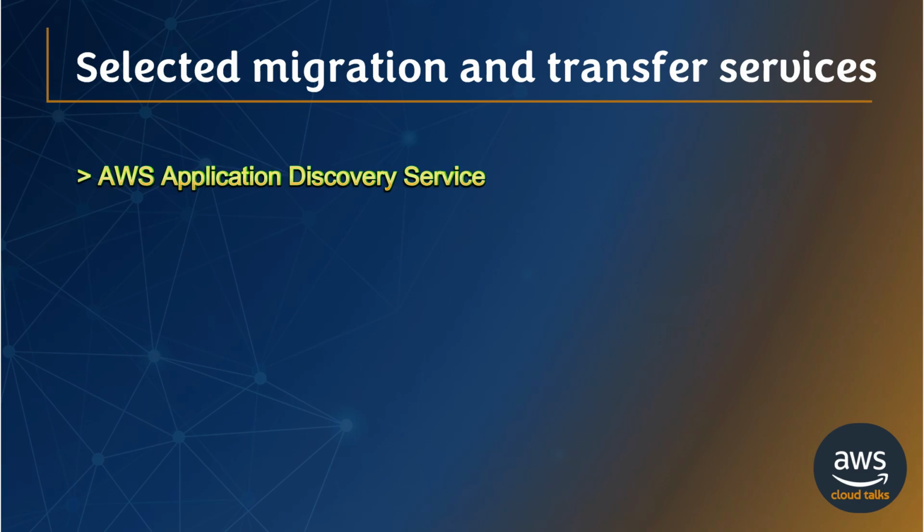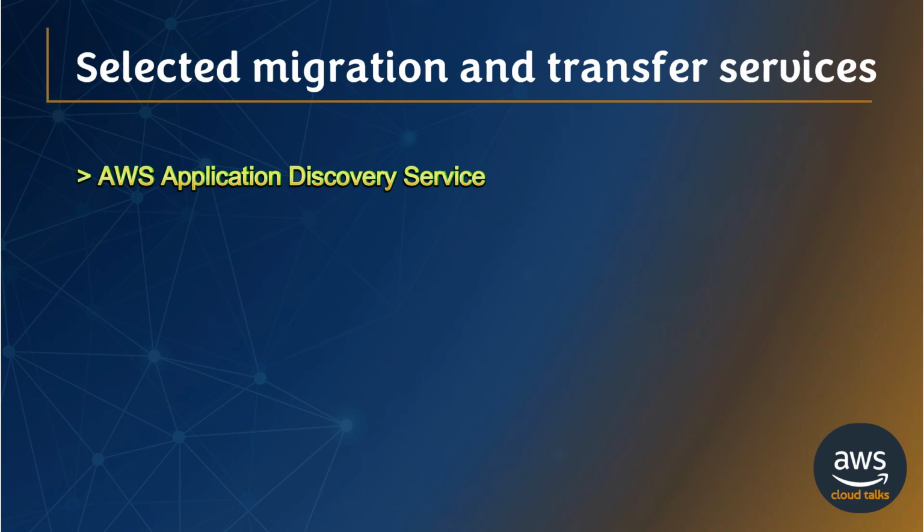AWS Application Discovery Service. AWS Application Discovery Service helps enterprise customers plan migration projects by gathering information about their on-premises data centers. The service collects and presents configuration, usage, and behavior data from your servers to help you better understand your workloads.